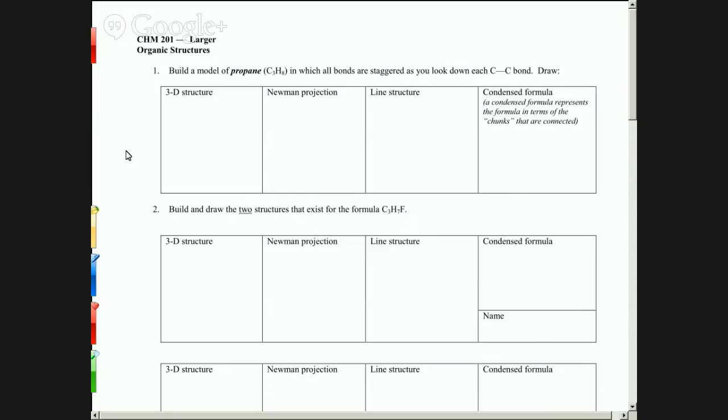I'll grab one of those too. These guys are a little bit cheaper. You can get them on Amazon. They don't look as pretty, but they are a lot faster to build things with.